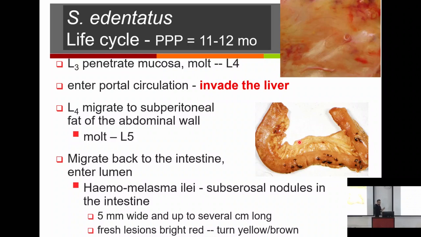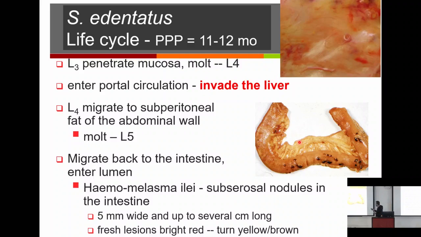Then L4 stage larvae migrate into the subperitoneal fat onward of the abdominal wall, where it converts into L5 stage larvae. So L5 is a juvenile stage. They stay there for a while, and then the L5 stage larvae migrate back into the intestine, like cecum and colon, where they cause hemorrhagic nodules.